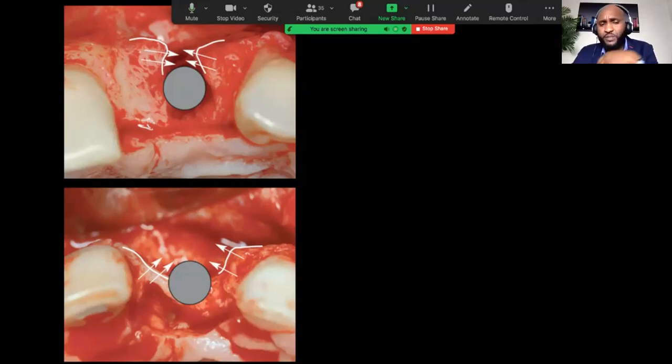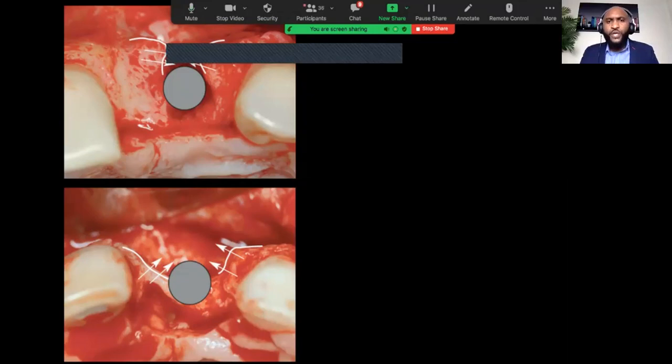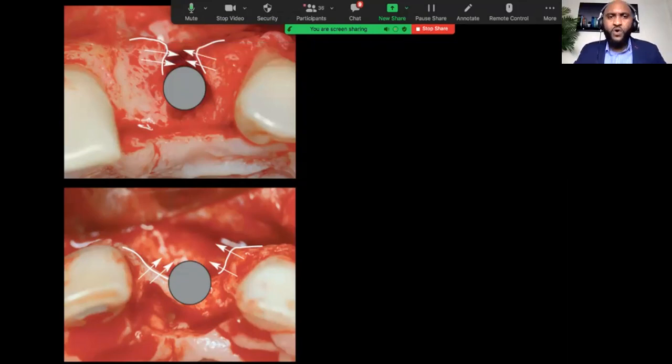The top defect, you see you can actually place an implant and you're left with 2 walls. So we normally look at how many walls will you have by the end of placing that implant. So in this case, we have a 2-wall defect, and a 2-wall defect is said to be favorable.